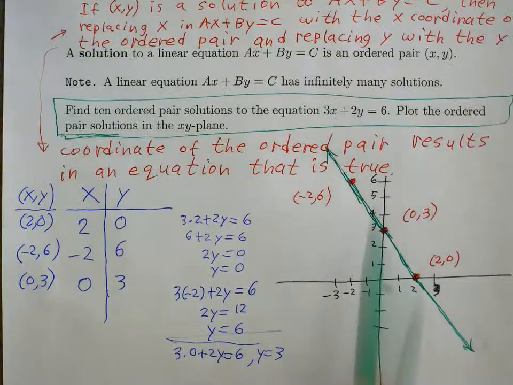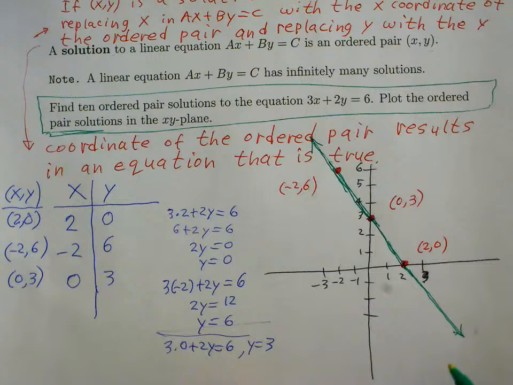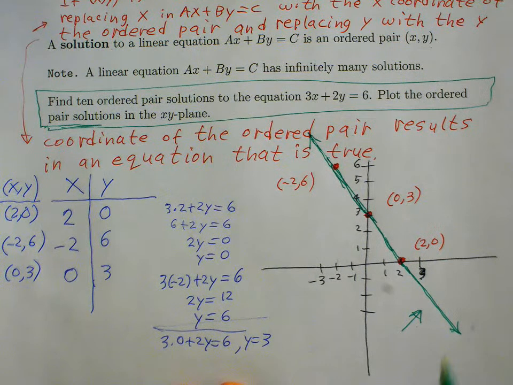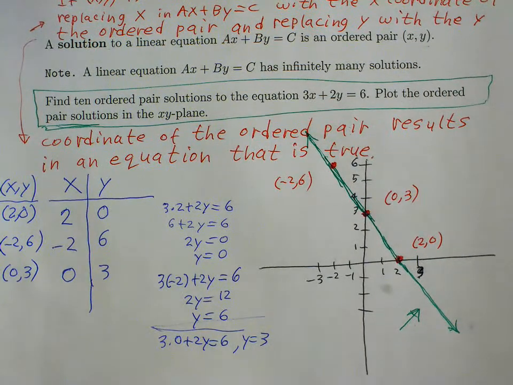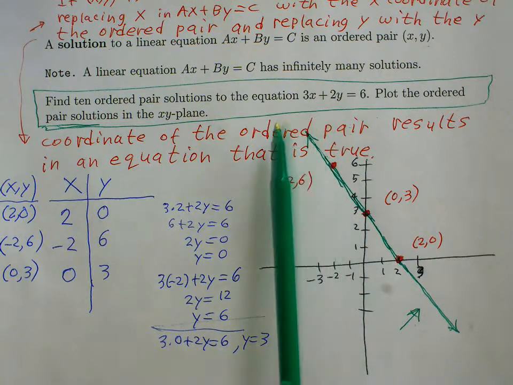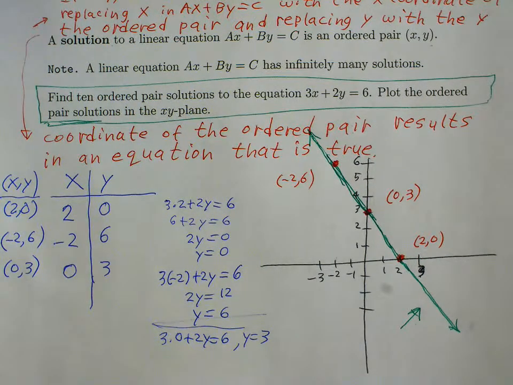Those 3 points are all on the same straight line. That should not be a surprise if you remember that we refer to the equation as a linear equation. The graph of a linear equation in the variables x and y is a straight line in the xy plane. That's why we use the term linear equation, because its graph is a line.